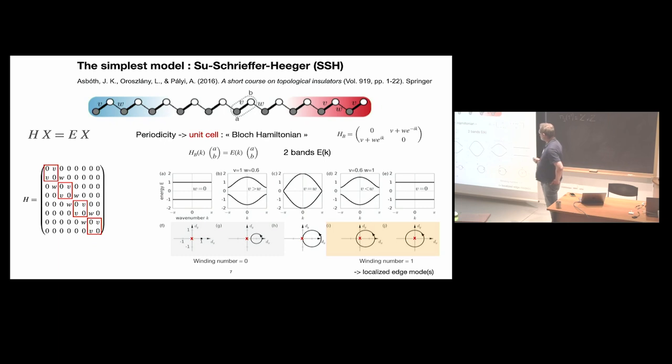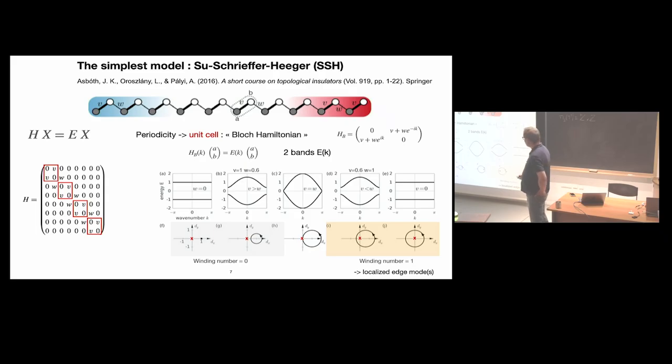And from this 2 by 2 block Hamiltonian, we have a two-band system, and we obtain the dispersion relation, energy as a function of K, the Bloch wave number. We have E of K in a closed-form expression that we can take a look at. And that's where this topological transition comes from in this simplest model.